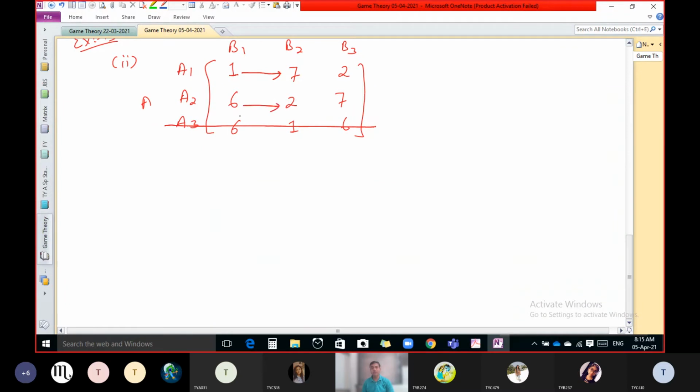And here, which one is better? B2. So we are not able to decide perfectly between B1 and B2, because sometimes B1, sometimes B2. That indicates there is no possibility of complete dominance.